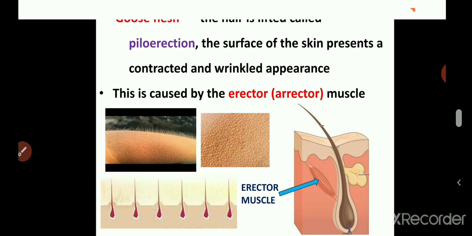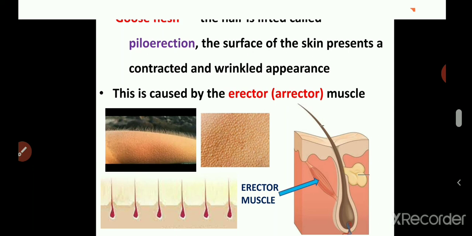So the hairs are normally slanting, but they stand erect when one is frightened, or when a person experiences excessive cold, or sometimes due to emotions. So the skin presents a somewhat contracted and wrinkled look. This state is called goose flesh. And this is brought about by the hormone present in the body called adrenaline.